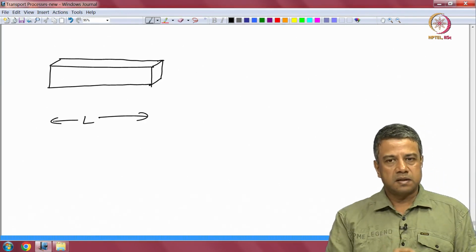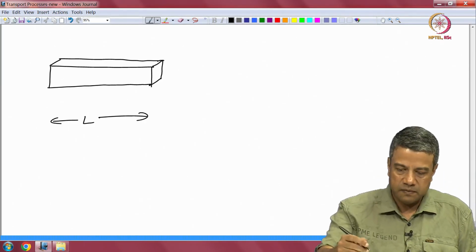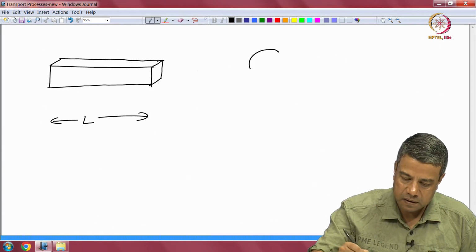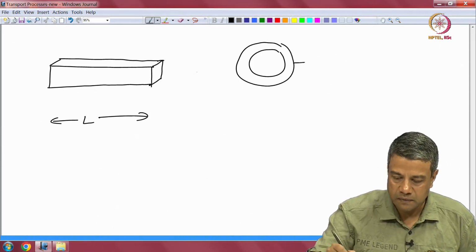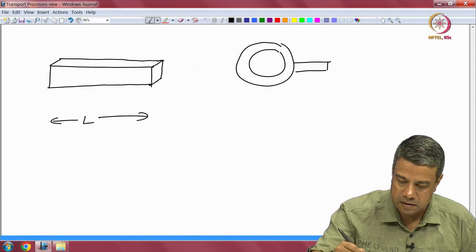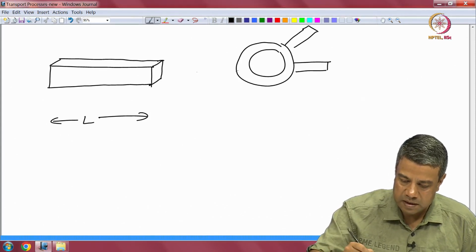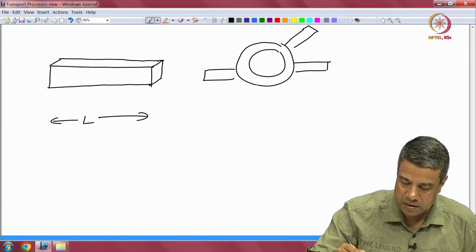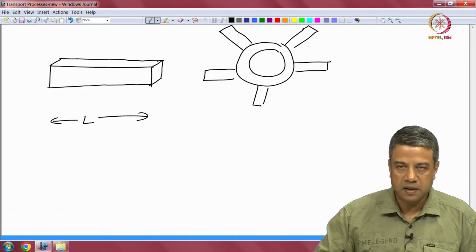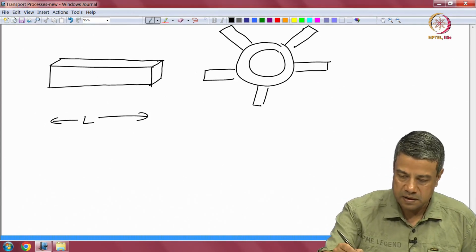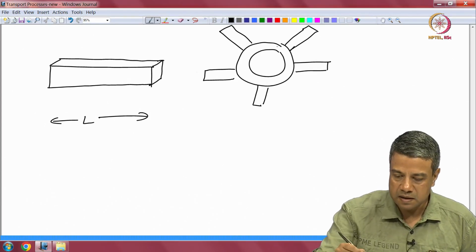In heat exchangers, for example, very often you have a tube, and you have what are called fins on this tube, which are basically protruding radially outwards. These are placed so that the heat transfer rate increases, because the conductivity in this is very large.